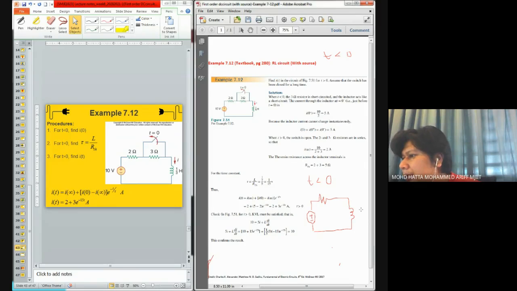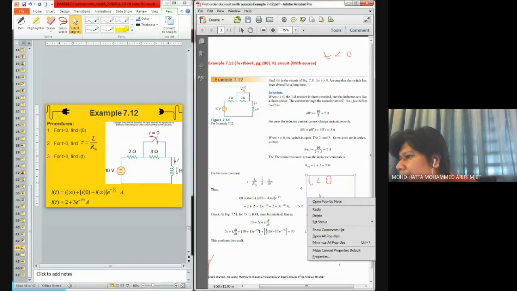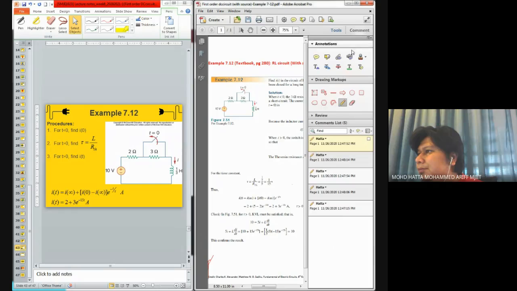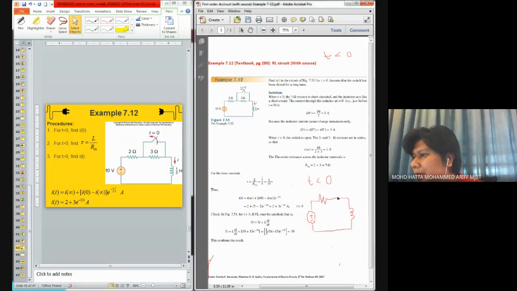This is where the short circuit happened, due to the switch over here being closed.